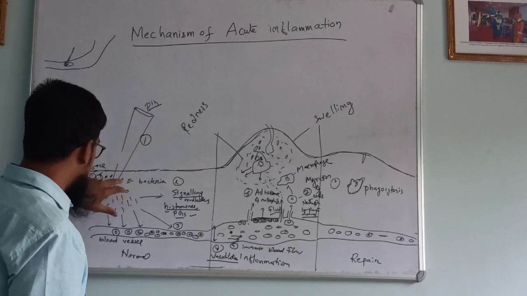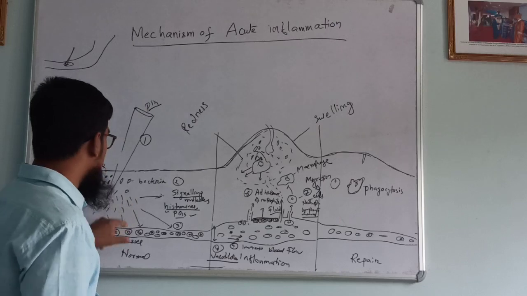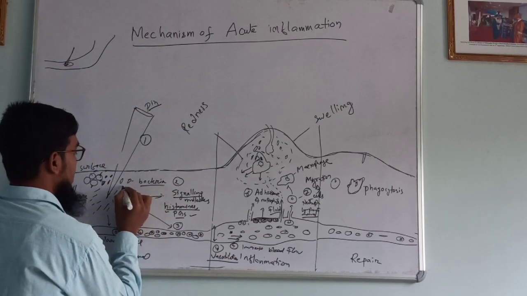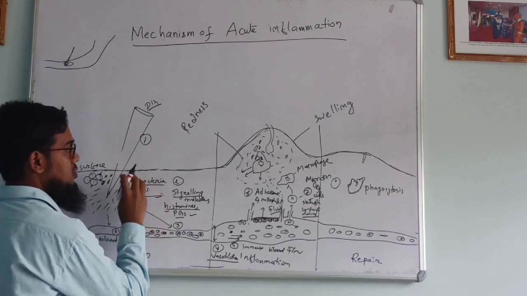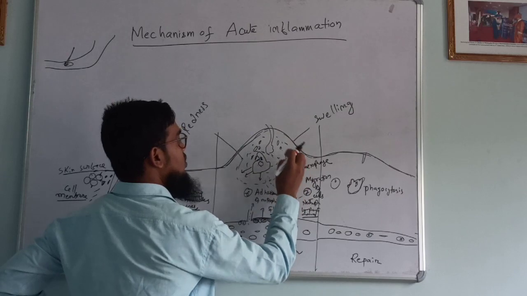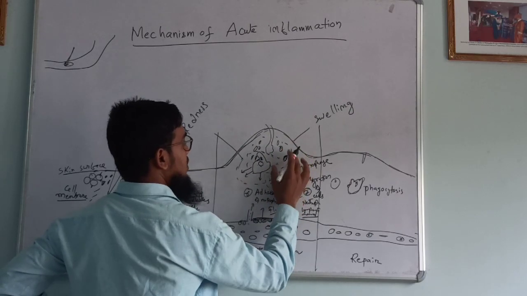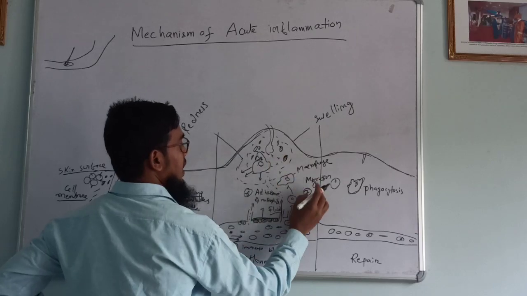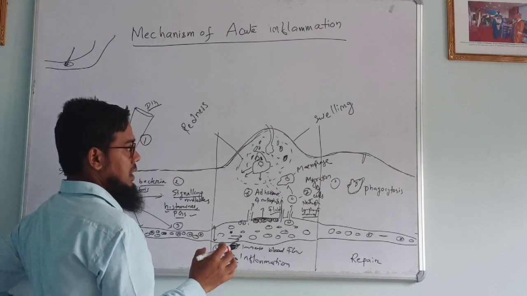When a pin injures or brings some bacteria or damages some tissue, bacteria and damaged cell debris will be available. So the macrophage will try to eat the bacteria. These are the bacteria, for example. Neutrophils also will try to engulf the bacteria. We know it.